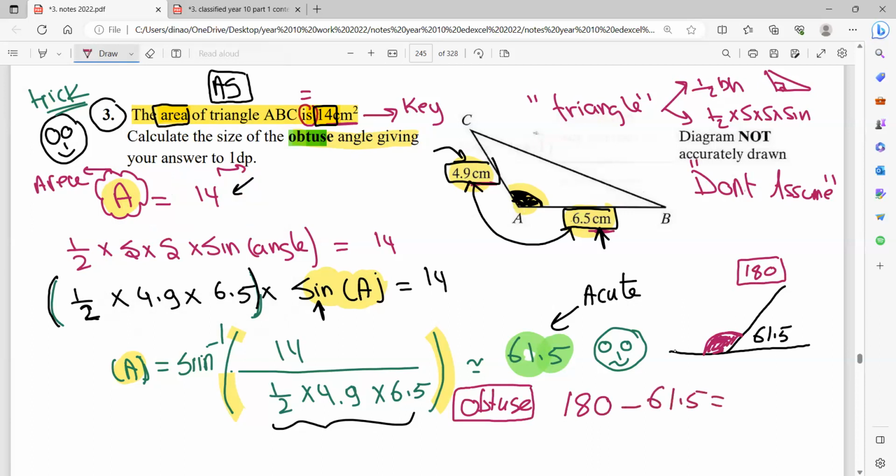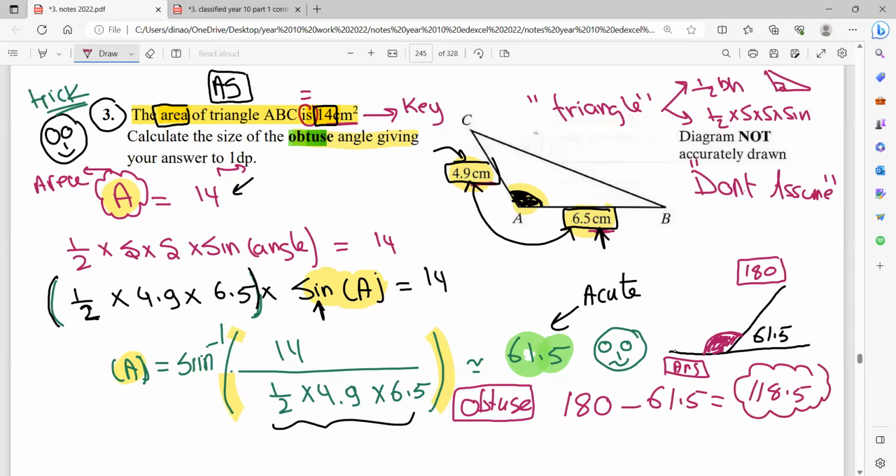Please remember to use the answer button: 180 minus answer, and then I will get the obtuse angle. Or we can do 180 minus 61.5, because the examiner said round to one decimal place. So the angle is 118.5. This is a very, very important question.